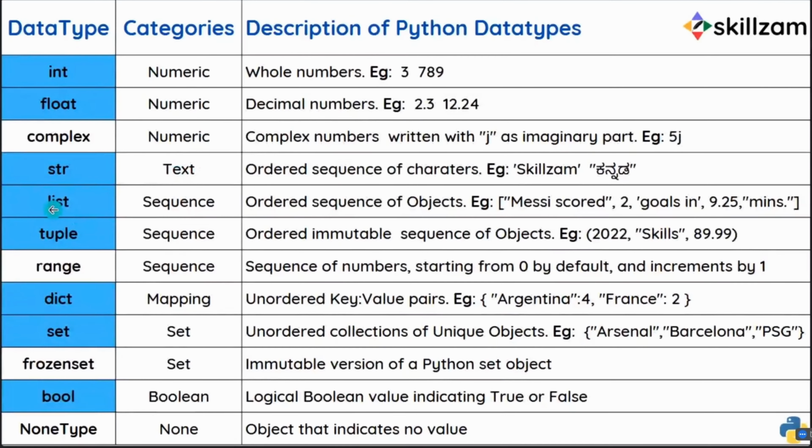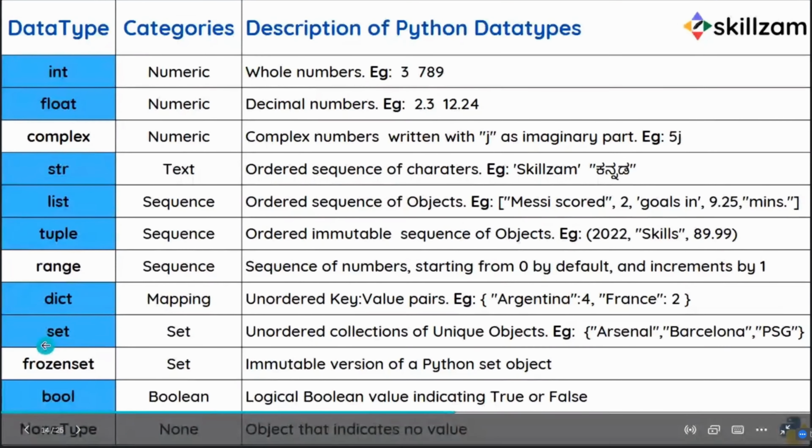Whereas list, tuple and range are called sequences. These are a kind of ordered sequence. Then there is a dictionary, which we call dict, for unordered key-value pairing, which is basically for mapping. And set is again an unordered collection of unique objects.